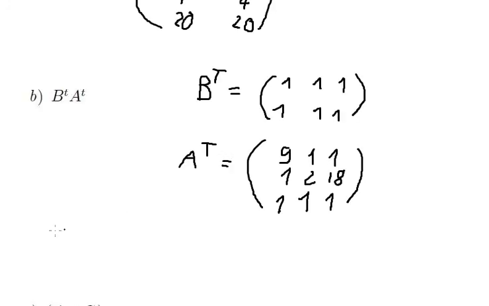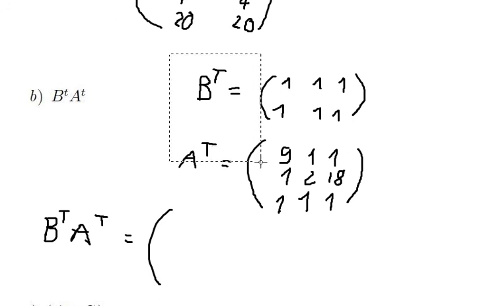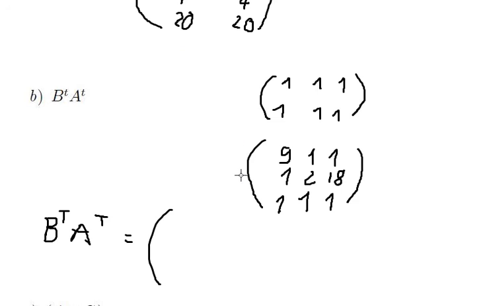And now we multiply. So we have 1 1. So I will put these matrices close together, so this is very easy for you to see.